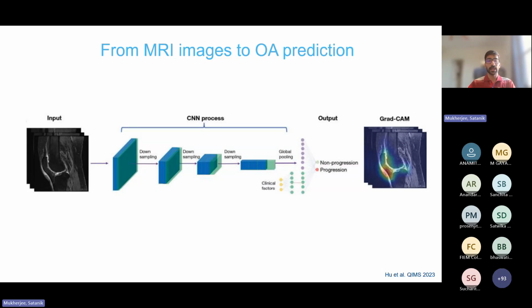Say, for example, what is the age of the particular patient, what is the BMI of the particular patient, if the patient has already had some joint trauma or joint injury. All these clinical factors can also be incorporated in the deep learning framework together with the image segmentation and looking at the morphology from the segmented images to predict the possible chances of osteoarthritis happening in a particular patient.